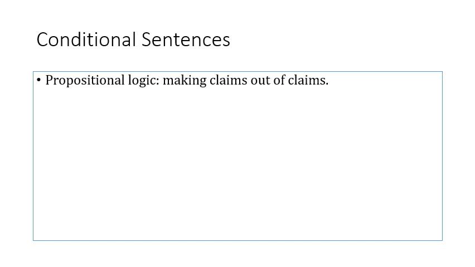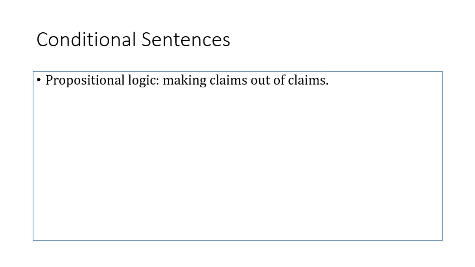So if the first part of the conditional happens, then the second part is going to happen. You have this if P then Q situation where the P's and the Q's are claims. So the conditional is making a claim out of a claim.